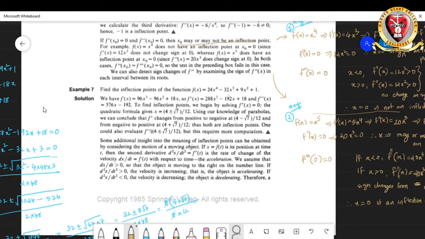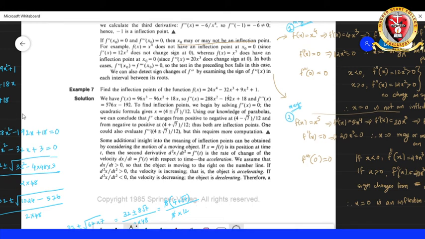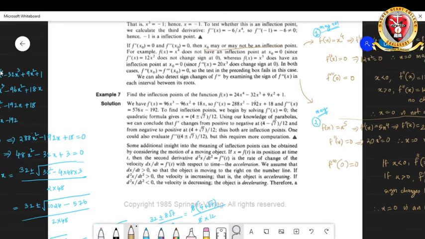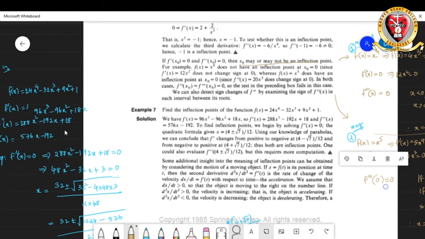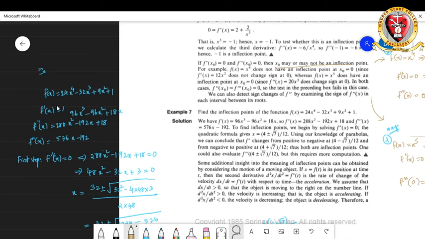So we have the function f of x is equal to 24x raised to 4 minus 32x cube plus 9x square plus 1.